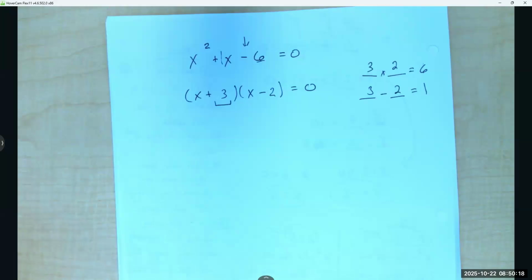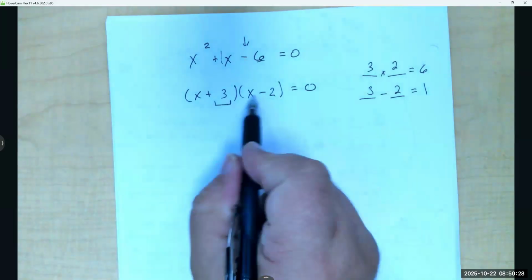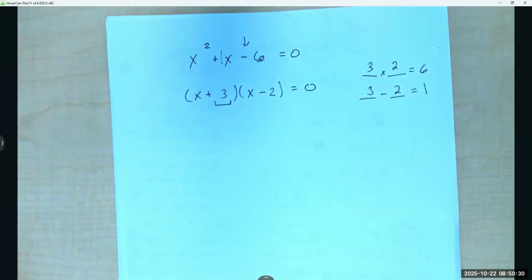No. In this entire course, you don't have to use a calculator once. Just use your brain. How would you check to see if this is right? You can't use a calculator there.